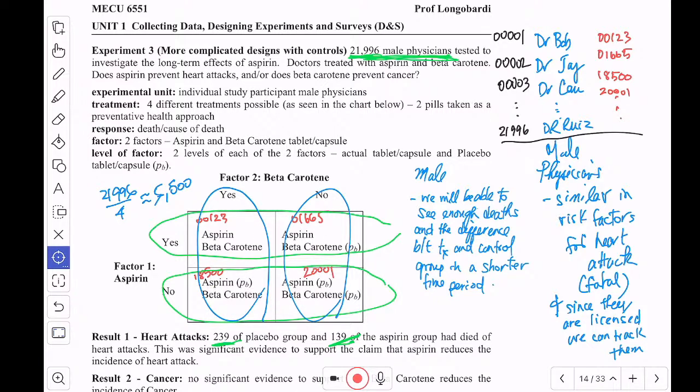So we have enough patients in each that we can now compare. When we compare the results of groups, the only difference between placebo and control is actually the treatment. And so any differences resulting from the treatment could be attributable to the treatment. So we say the aspirin has a significant effect, or there's significant evidence to support aspirin prevents heart attack.